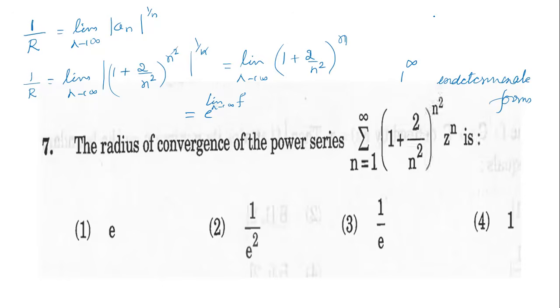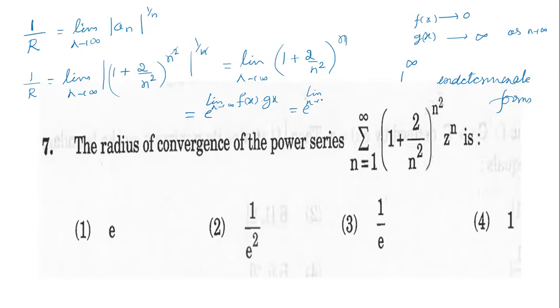Here, this is f of x. If you apply the limit, this tends to 0, and g of x, if you apply limit, we get infinity as n tends to infinity. This is the formula: f of x into g of x.